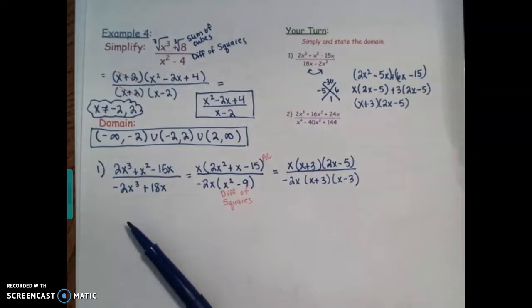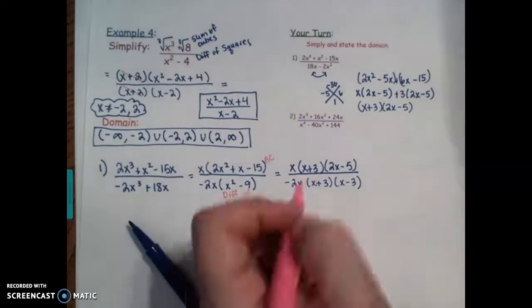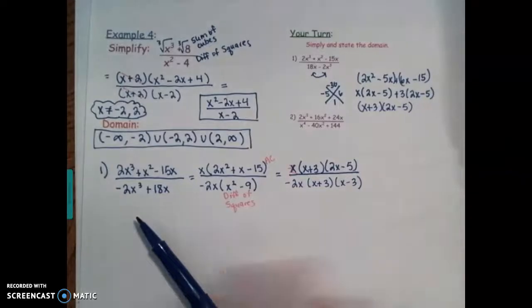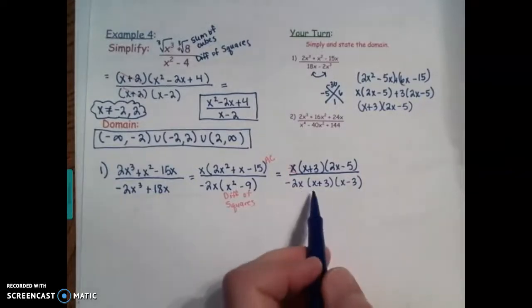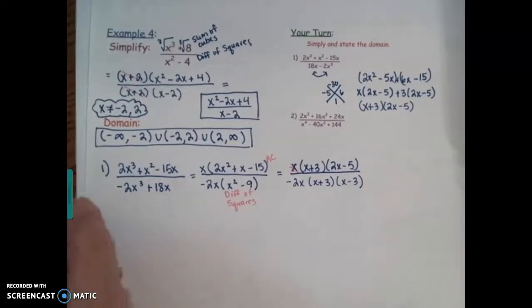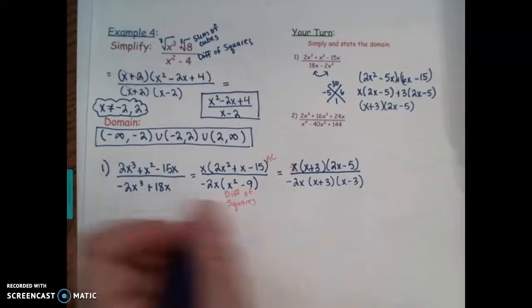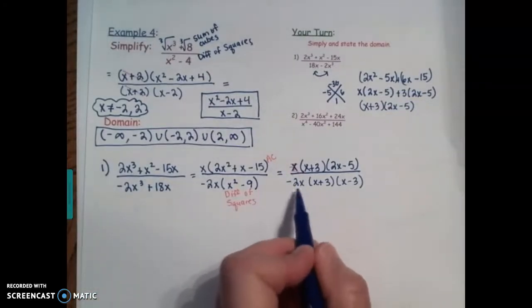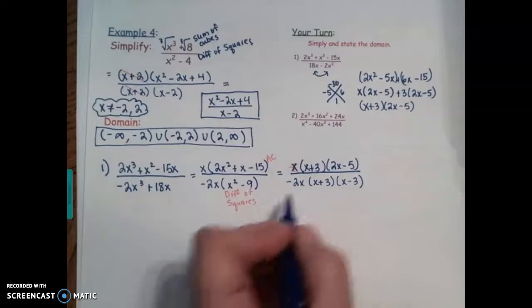So we're going to look for common factors. So this x and this x will go away. Actually, before I do that, guys, let's go ahead and do our restrictions. So when we're doing restrictions, we're saying this factor cannot equal 0.